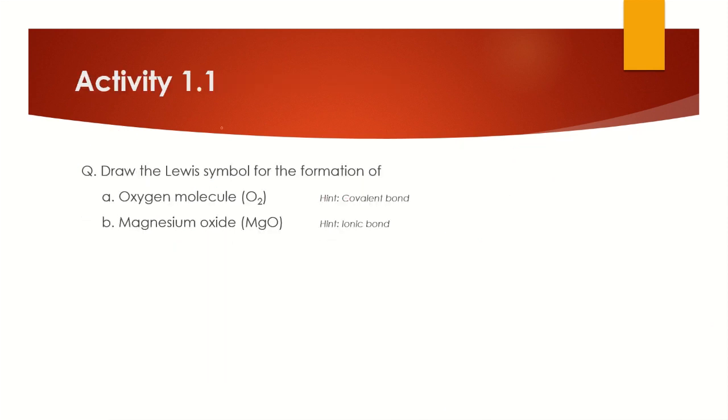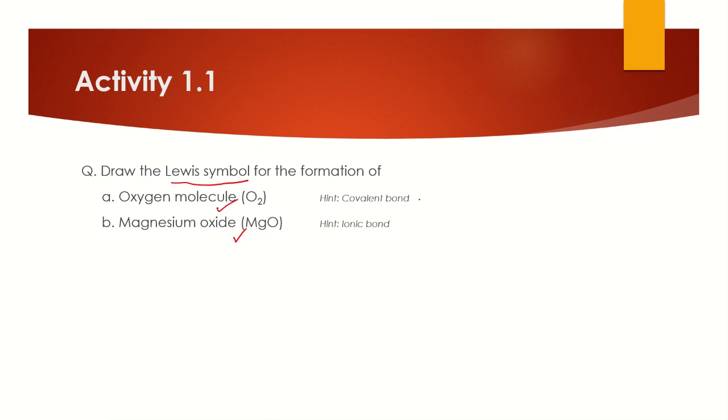Now the activity. I want all the students to try to write the Lewis symbol or the Lewis structure for oxygen molecule and magnesium oxide molecule.